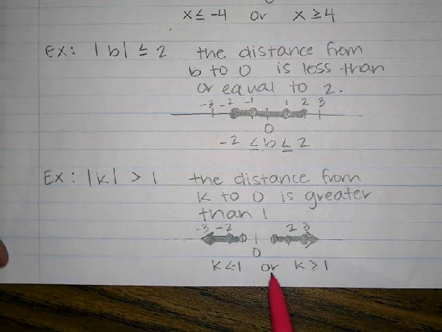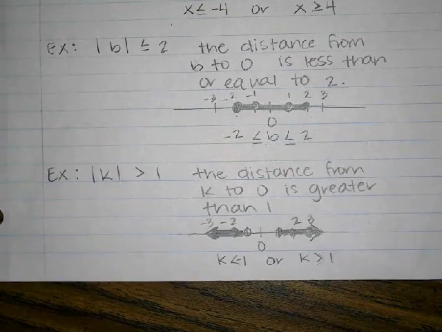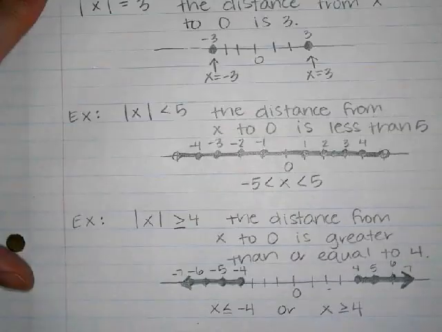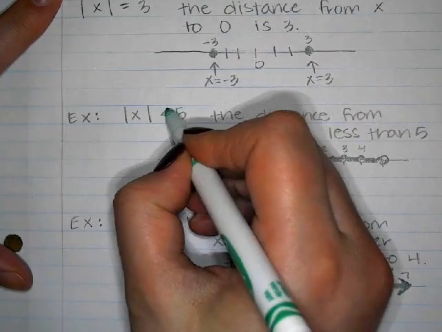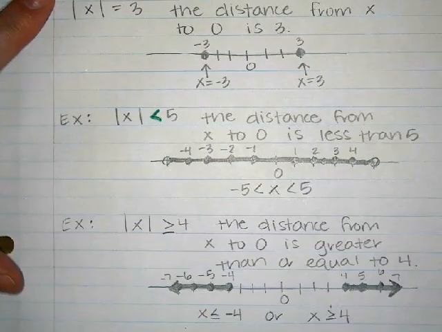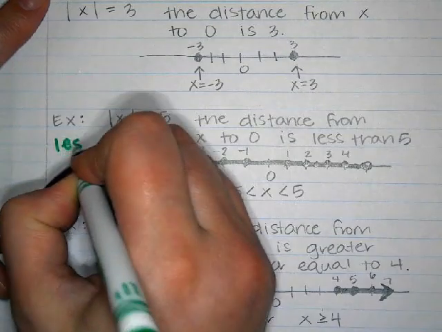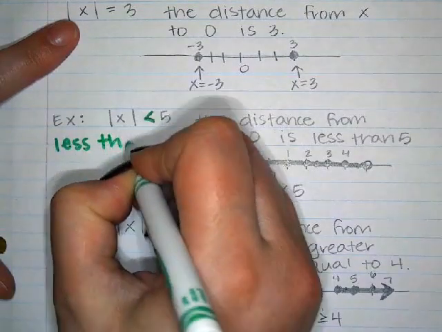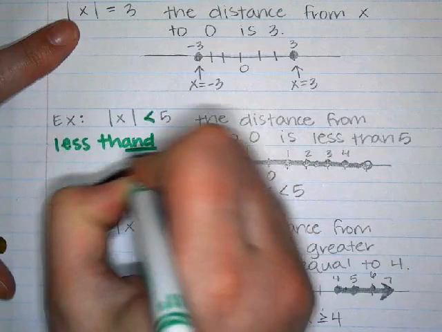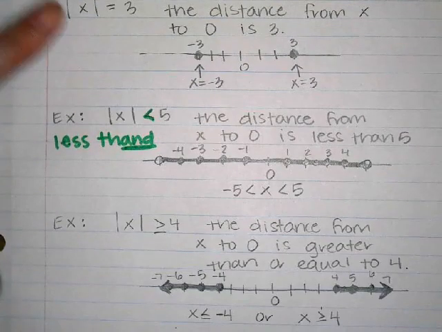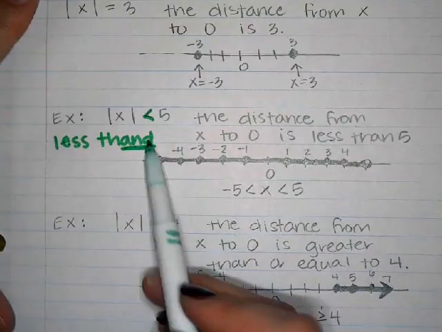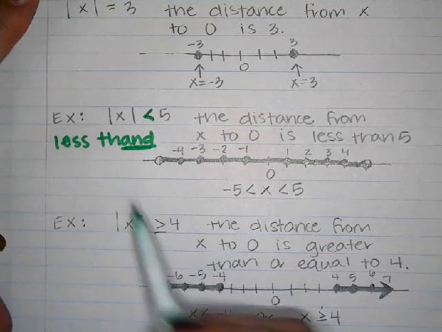Thank you. Okay, so now I'm going to grab my color and go up to the first example. I'm going to write on this. This is a less than. And here's what you're going to write in your color: less than, you're going to add a D. Less than. If you have a less than sign, it makes a sandwich of the answer.